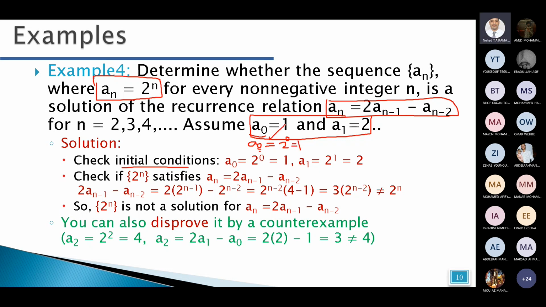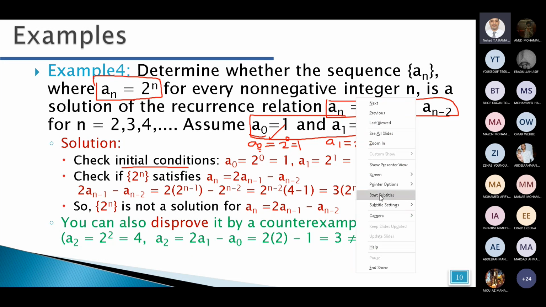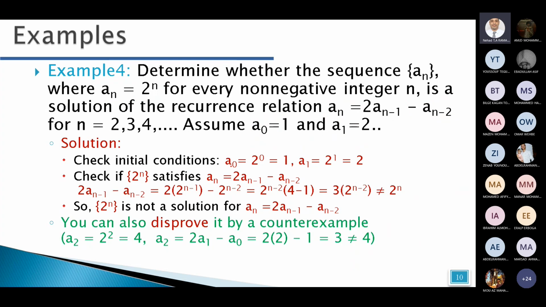So it's correct for the first initial term. For the second initial term, a1 equal 2 power n, which is 2 power 1, which is equal to 2. So it's correct for the second initial term. So for the initial values, it's correct.